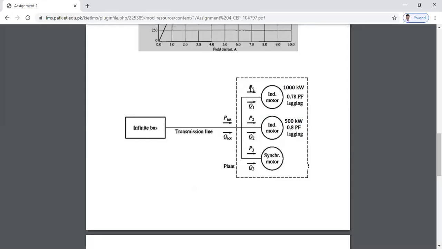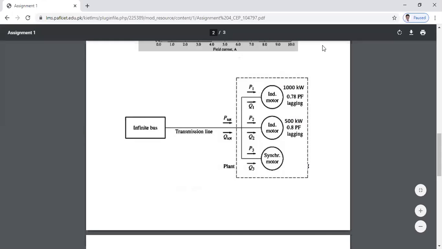And when you want to find the combined effect of the three, then the real power will become P1 plus P2 plus P3, but the net reactive power will become Q1 plus Q2 minus Q3, because these industrial loads are running with a lagging power factor, but this third device is running with a leading power factor. Okay, so is everyone clear about this complex engineering problem?